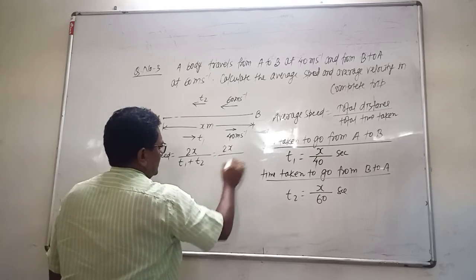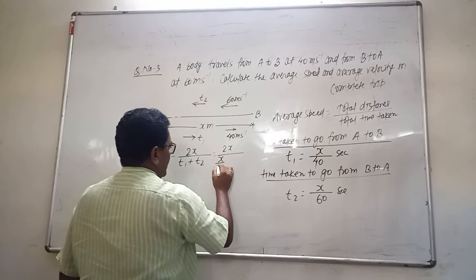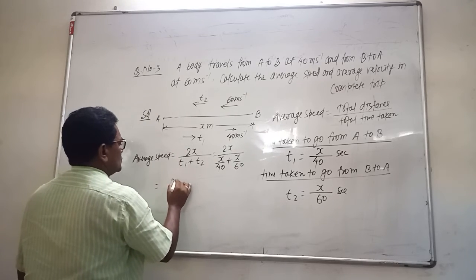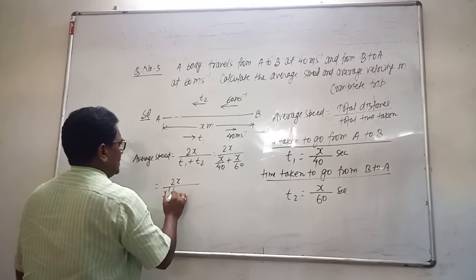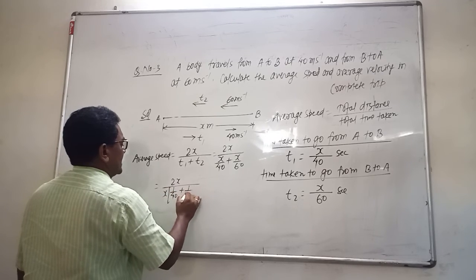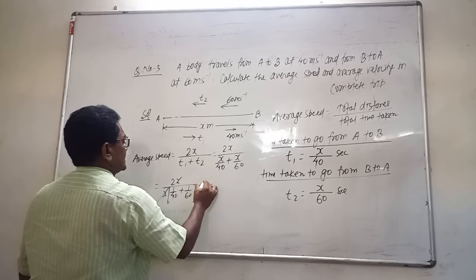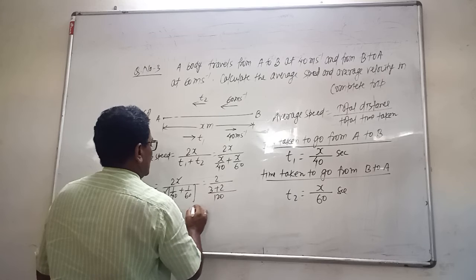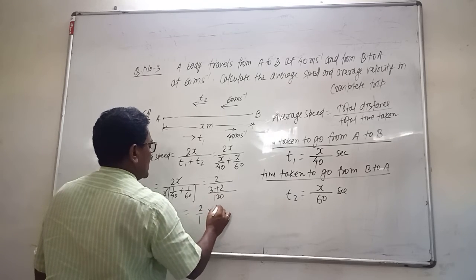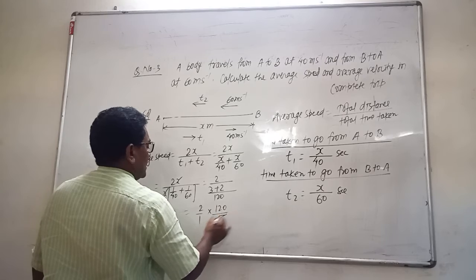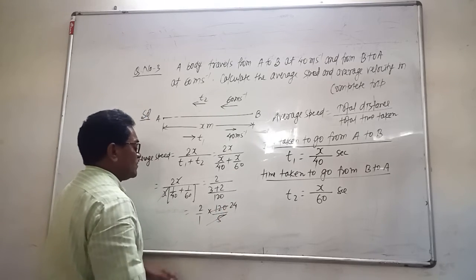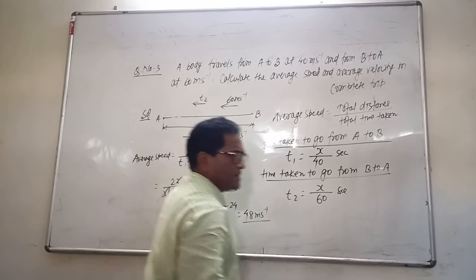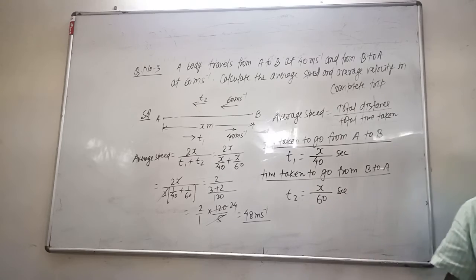So 2x upon x by 40 plus x by 60. This becomes 2x upon x as common, 1 by 40 plus 1 by 60. x and x get cancelled, 2 upon LCM 120, 3 plus 2. This is 2 into 120 upon 5. 5 into 24 is 120, 24 into 2 is 48 meter per second. This is the average speed in a complete trip.